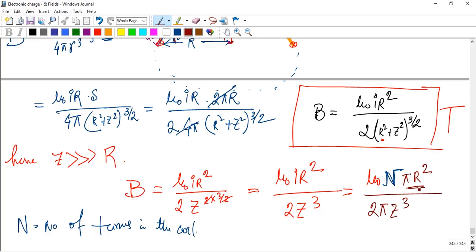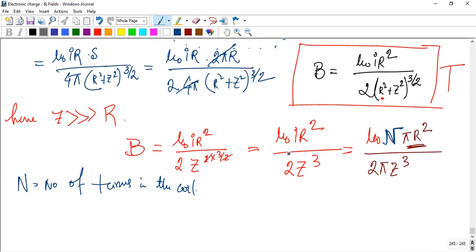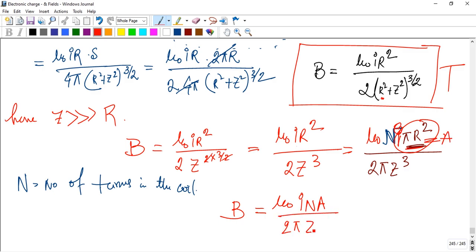Here pi R square means the area of the circle, A. So we get mu 0 I n A by 2 pi z cube. And I n A, we know from the previous class, is the magnetic moment.